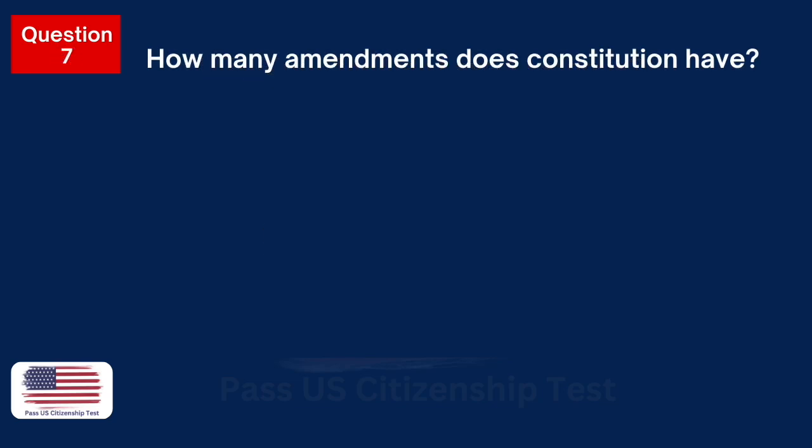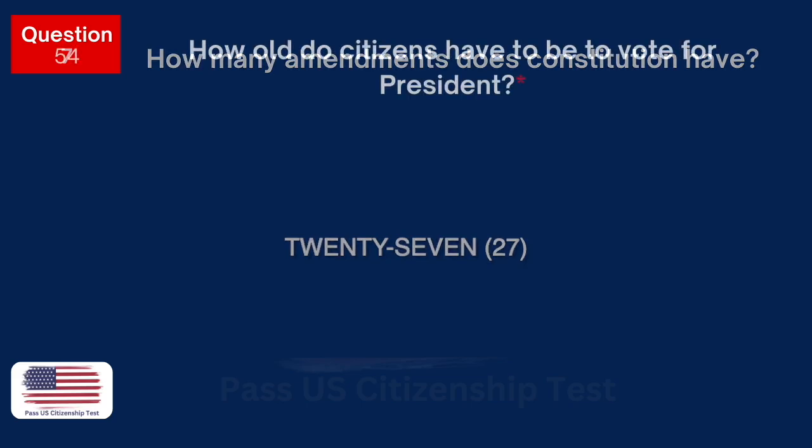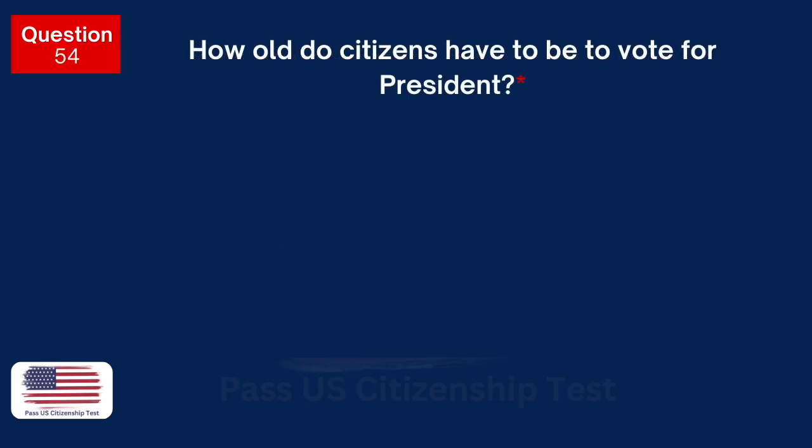How many amendments does the Constitution have? 27. How old do citizens have to be to vote for president? 18 and older.